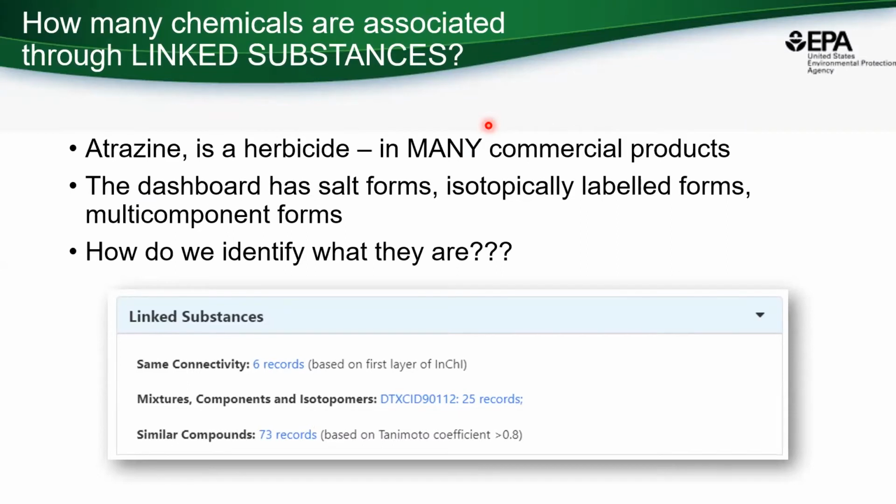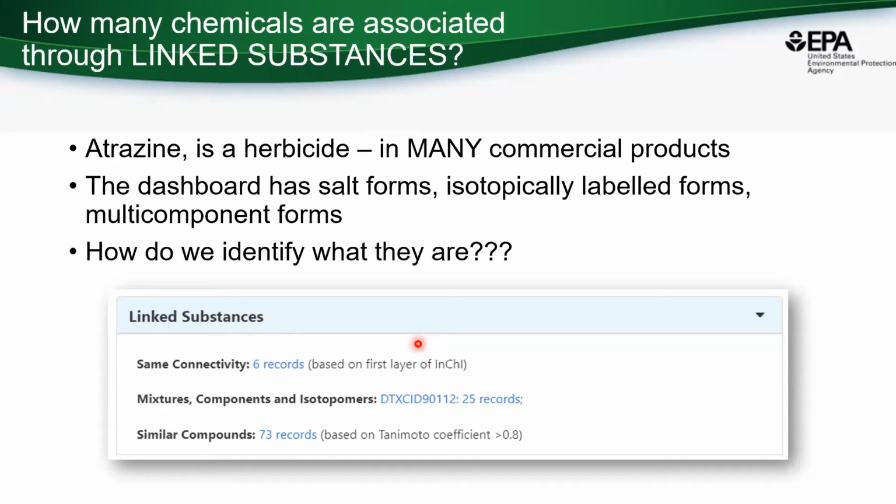There's also that term linked substances, which I showed on the right-hand side below the intrinsic properties. And this is where you want to take advantage of informatics mappings that can be done automatically, so that you can find relationships between a single chemical and its many related substances. So, for example, if you have a particular monomer, you might want to find every polymer that monomer is in. These are manual mappings that we have to create. So that's a mapping between a parent and a transformation product, a monomer and a polymer, et cetera.